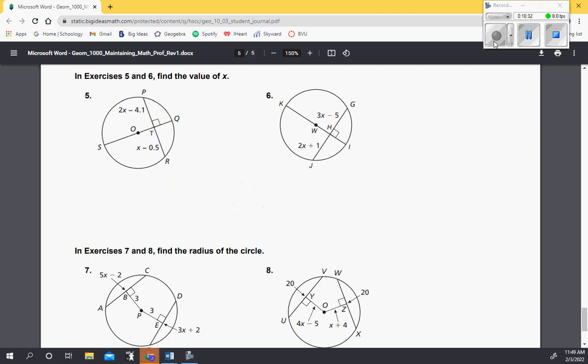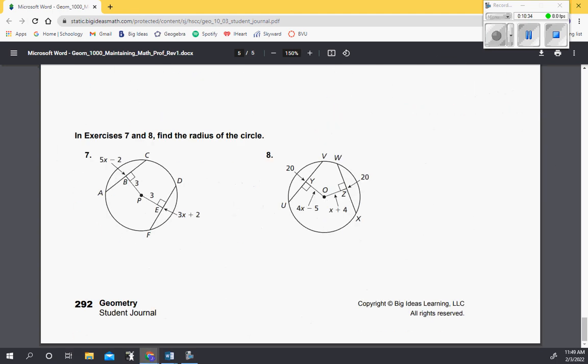Next part. It says find the radius of the circle. So this is a little more challenging. Remember, the radius goes from the center of our circle to the edge of our circle. It's good to know that we have a right angle here, because that tells us that this is a bisector, these two sides.